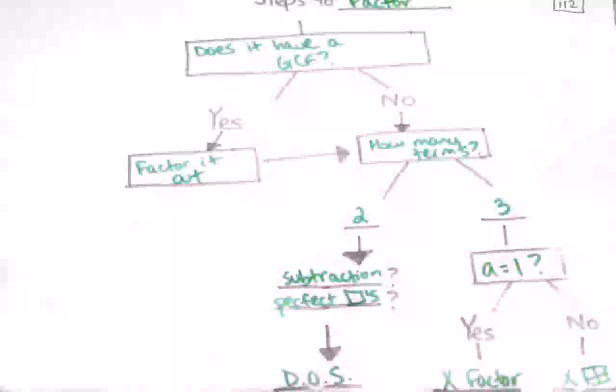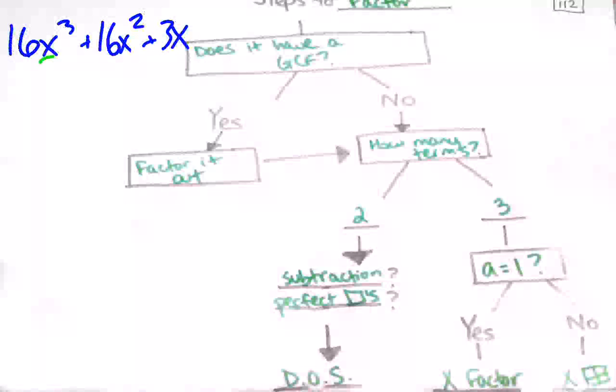Okay, looking at 16x cubed plus 16x squared plus 3x. Now, none of those numbers have anything in common, but they all have an x attached, so I can take out a GCF of x.